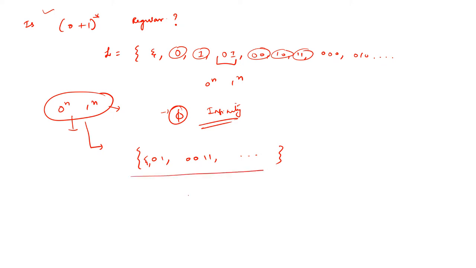In the previous example, you were saying this is regular, but one thing you should notice is, let's call this language L prime. L prime is a subset of L. The strings accepted by a non-regular language can be a subset of a regular language.